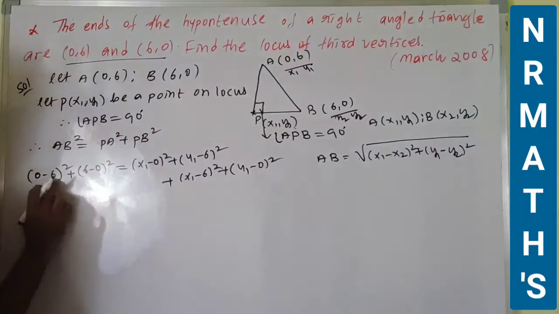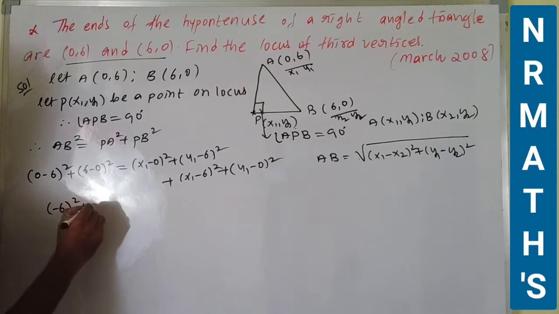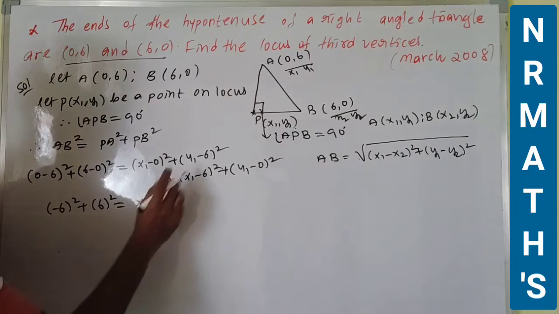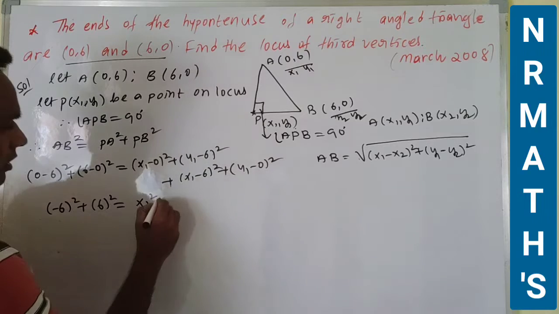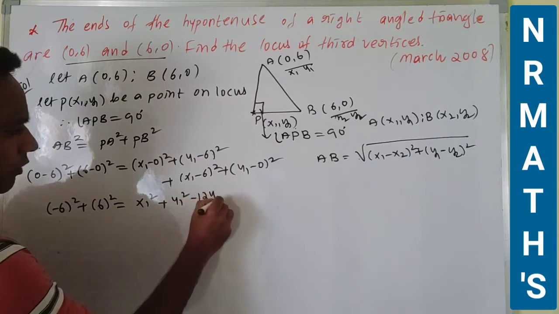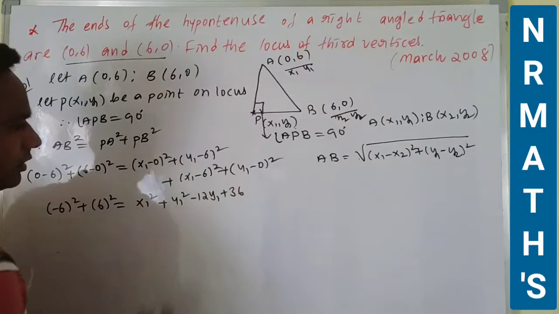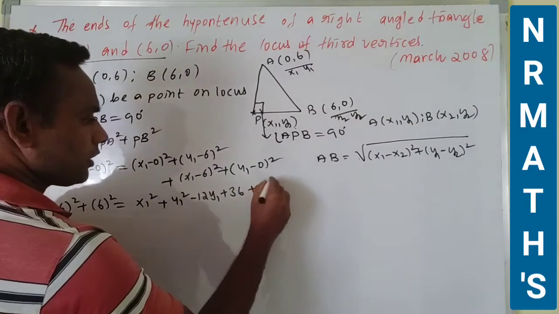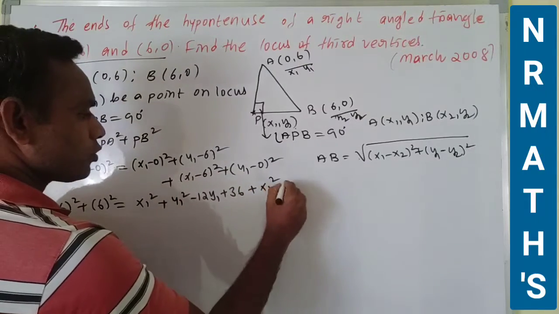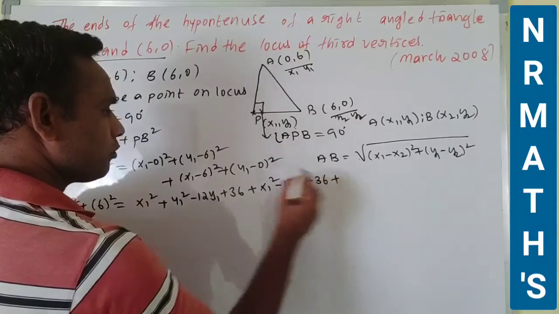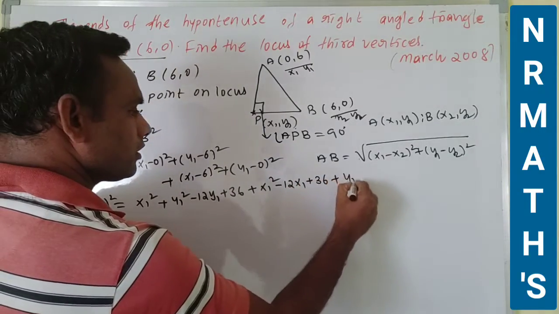Now (0 minus 6) whole square means (minus 6) whole square, plus (6 minus 0), that is 6 whole square, equals x1 square plus (y1 minus 6) whole square, open it: y1 square minus 12y1 plus 36, plus (x1 minus 6) whole square, open it: x1 square minus 12x1 plus 36, plus y1 square.